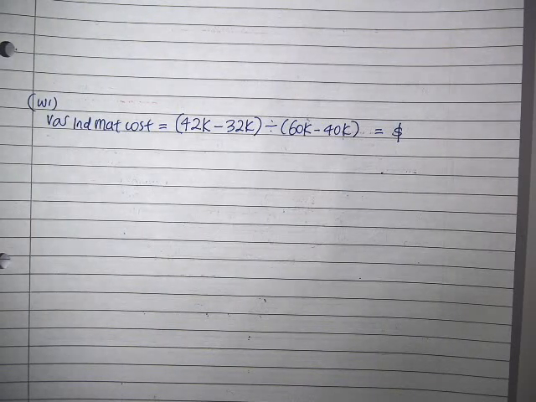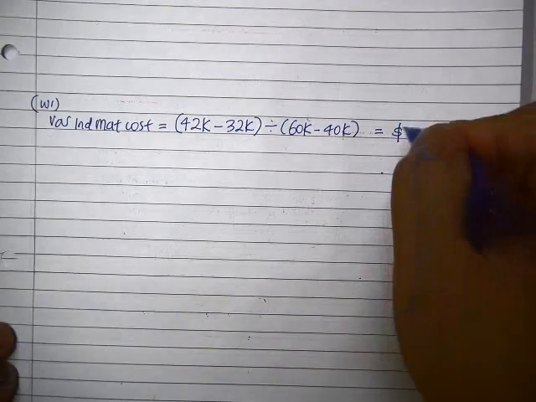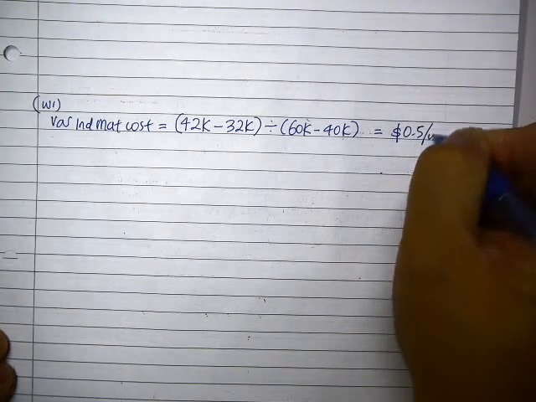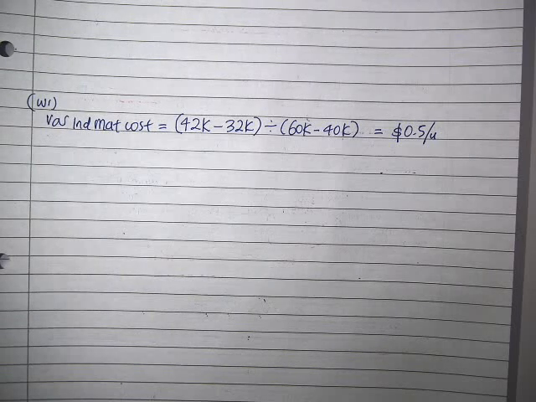So it will be 10 divide 20. So you get 0.5 per unit. You're using high-low, okay? Okay.